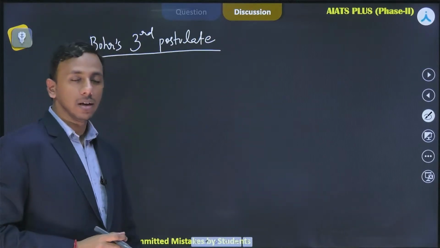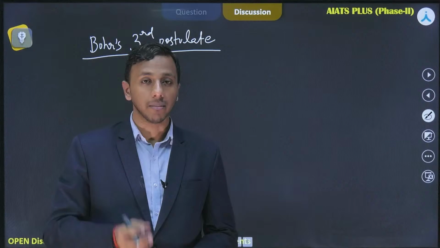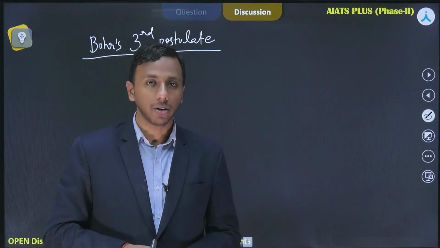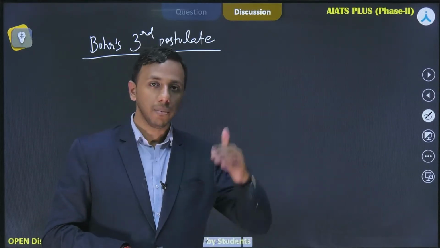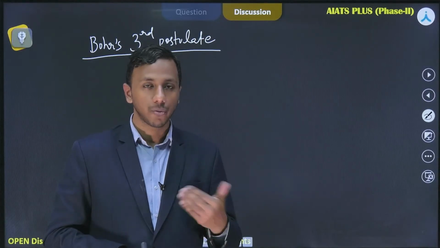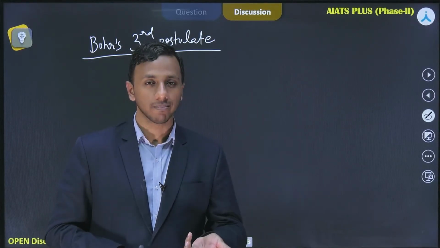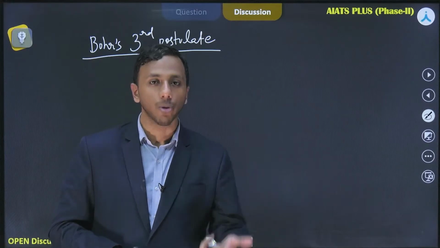What does that mean? It means that when an electron in an atom jumps from a higher orbit to a lower orbit, it has to lose energy, and it will lose energy in the form of a photon.